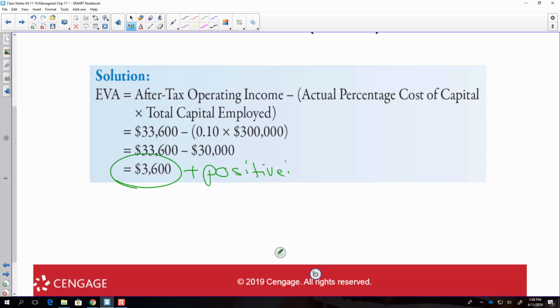So in other words, not only did we have net income, we also had a positive economic value added, which improved the performance of this company after taking out the cost of that capital, which was 10%.